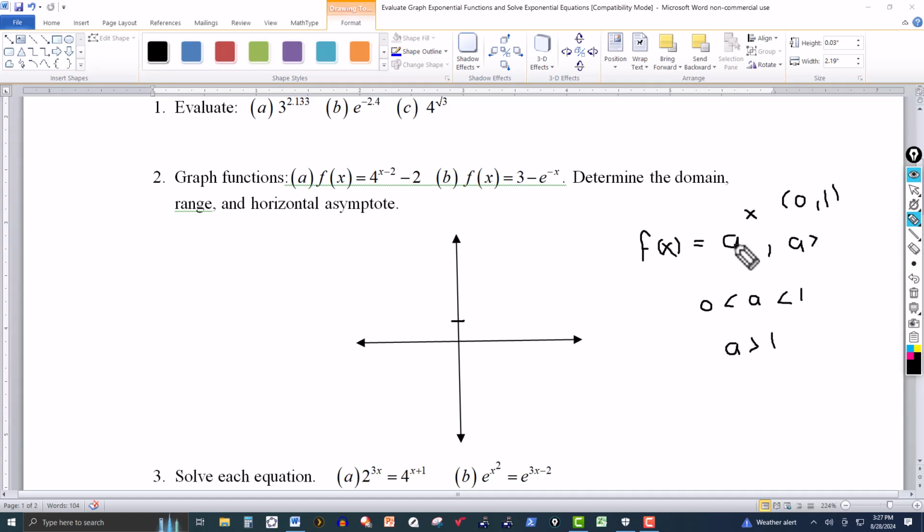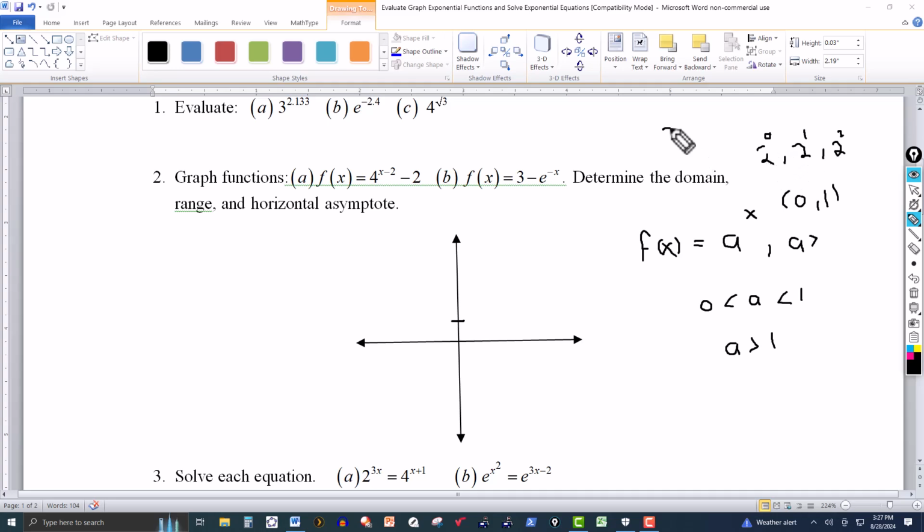And notice, as the x value increases, let's suppose the base is 2. 2 to the 0 is 1, 2 to the 1 is 2, 2 to the second is 4. So you can see as the power increases, the value of the function increases.